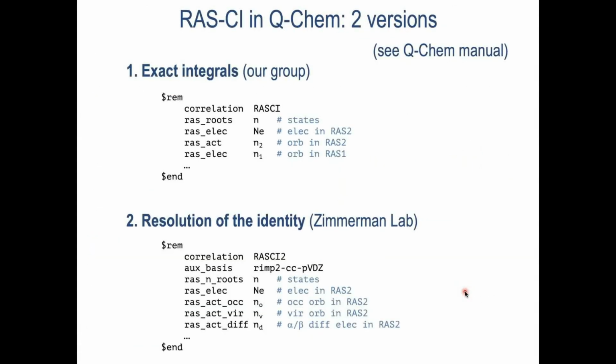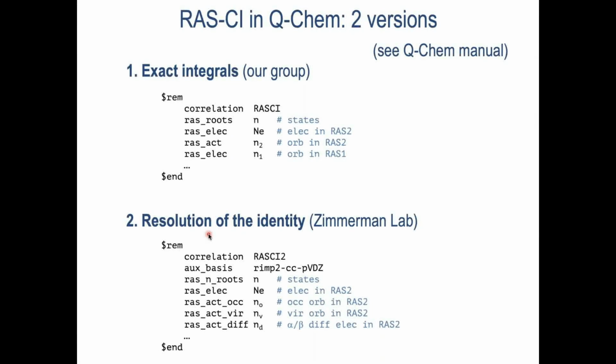Okay, so if you go to the Q Chem manual, you will see that there are actually two different versions of this method. The method is the same, but there are two versions because we have a version that works with exact integrals, which is the one that we developed, and a second version that, instead of using these integrals, makes use of the resolution of the identity.